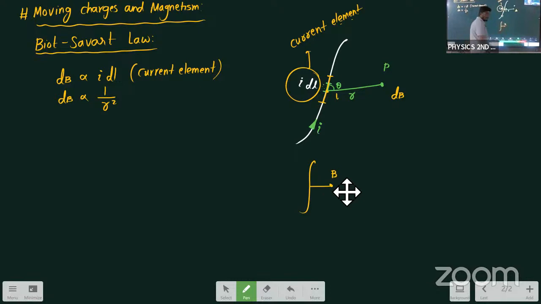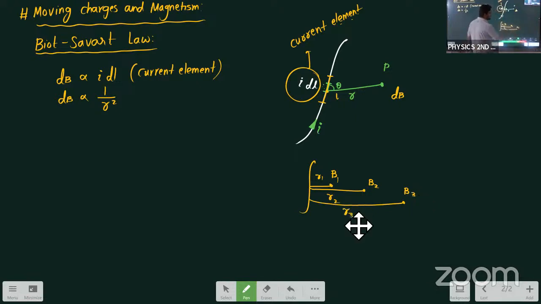Due to the same wire, some magnetic field B2 is created at this position. This is the distance R1, this is distance R2. Again, due to the same wire and same current, at this position the magnetic field B3 is created and this distance is R3.